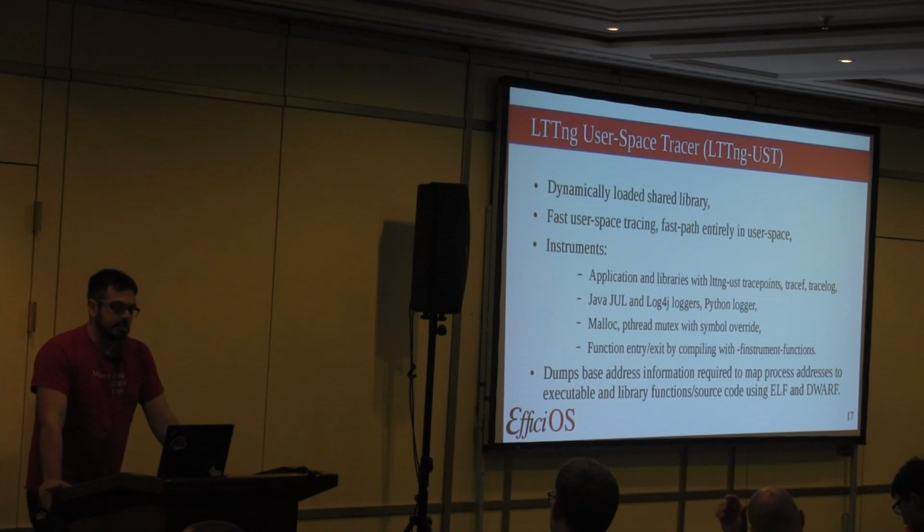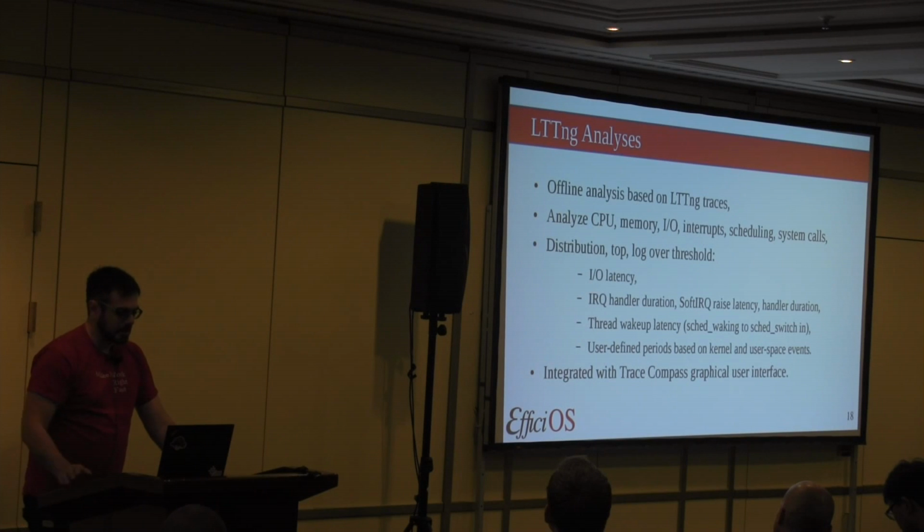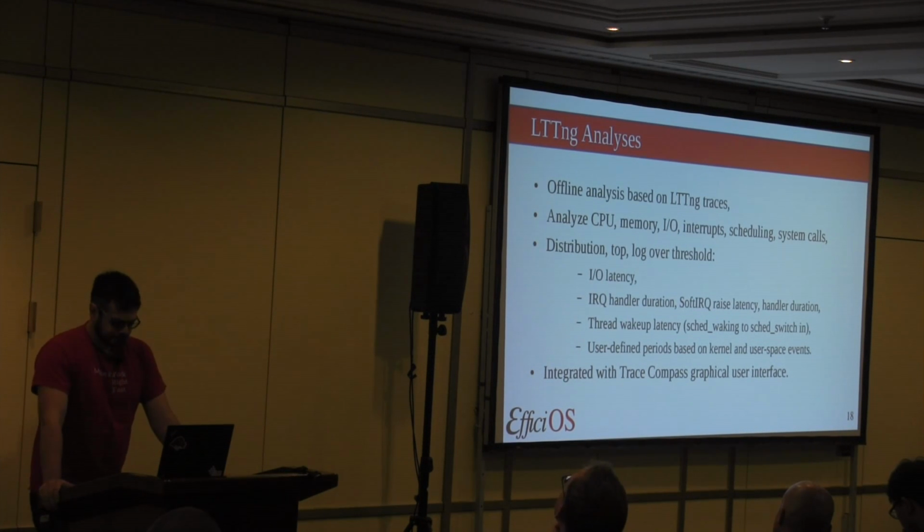So we can basically map the events that are traced to their source file and line number if you have the DWARF information. Or we can also map to the function and offset within the function that contains them. If you have DWARF or ELF, whichever you have, we provide as much information as we can.